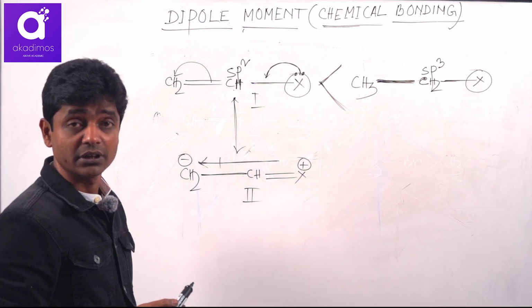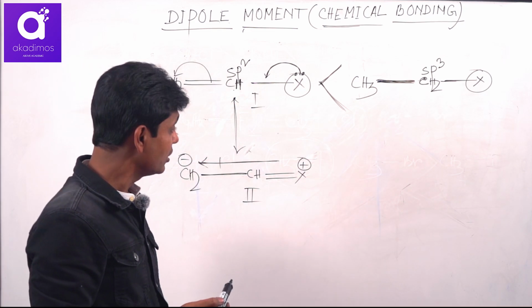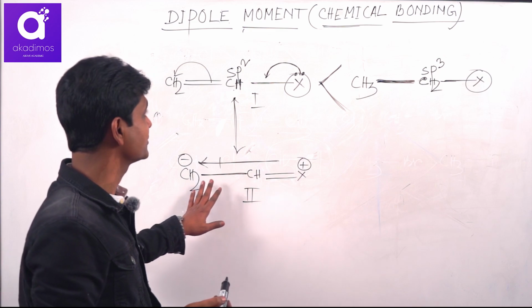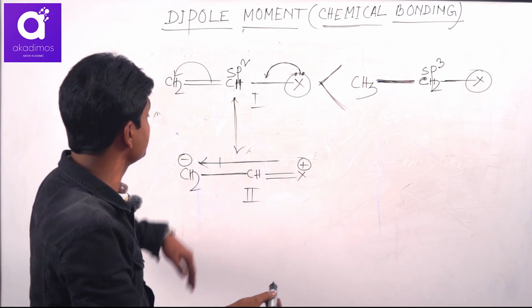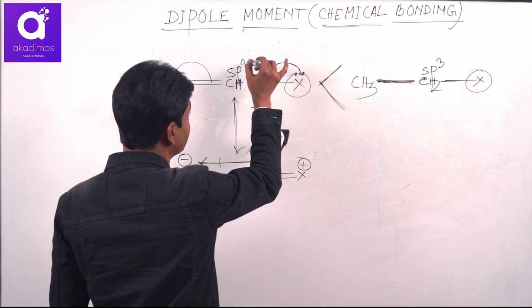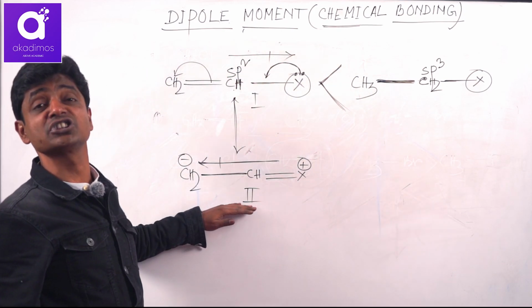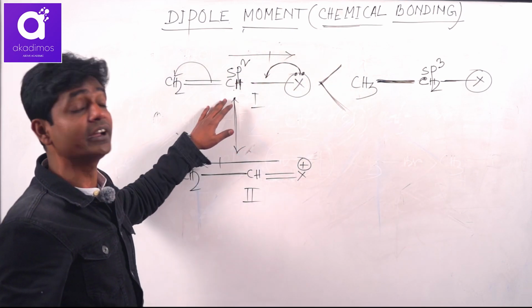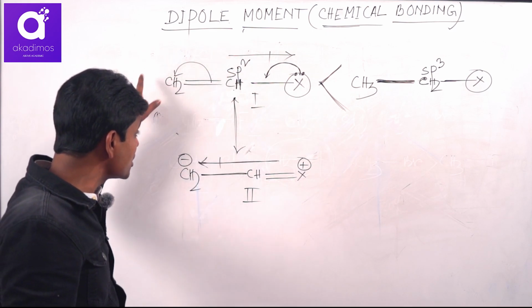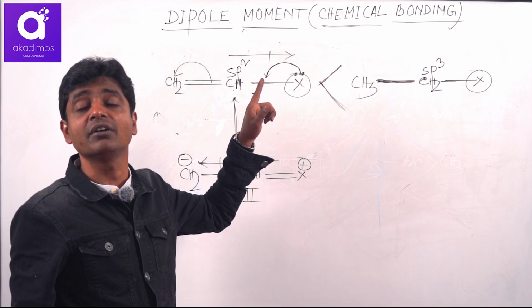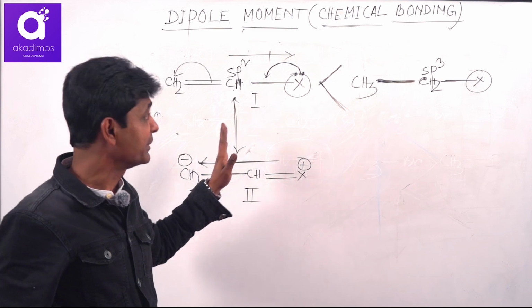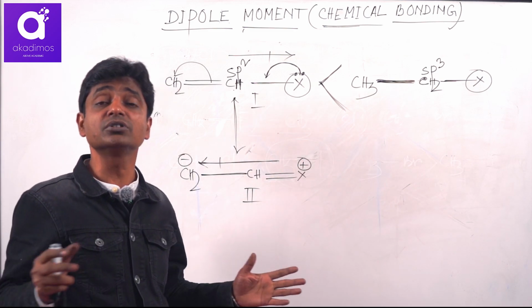I told you, direction of dipole moment is always from electron deficient to electron rich. Although the main structure is 99.9%, here the direction of dipole moment is along this. This contribution reduces the overall dipole moment of vinyl chloride. That means you can explain by using both concepts.